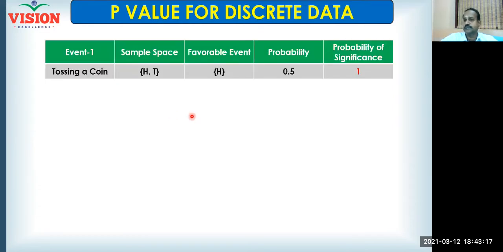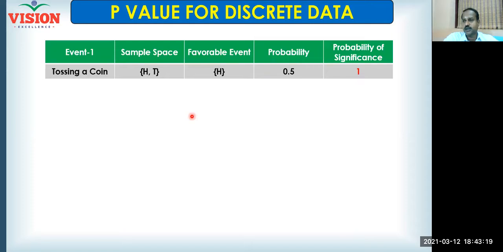We take the important decision of when to reject the null and when not to reject the null based on the p-value. And p-value generally ranges from 0 to 1. Right now we are going to learn how to calculate this p-value manually, and that too for discrete data. Let us consider an event to better understand.